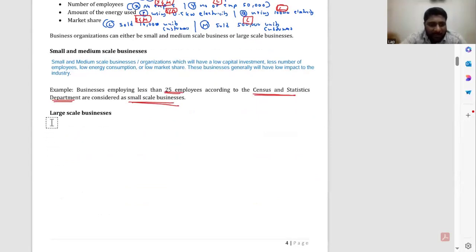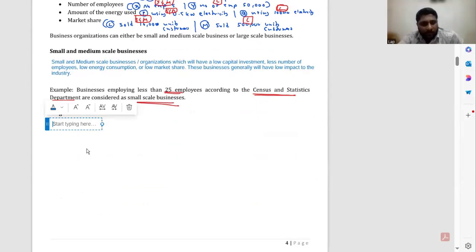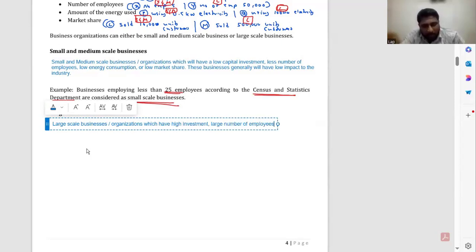Now let's write down for the large scale business. Note, people. Large scale businesses or organizations which have high investment, large number of employees, high energy consumption, or larger market share.